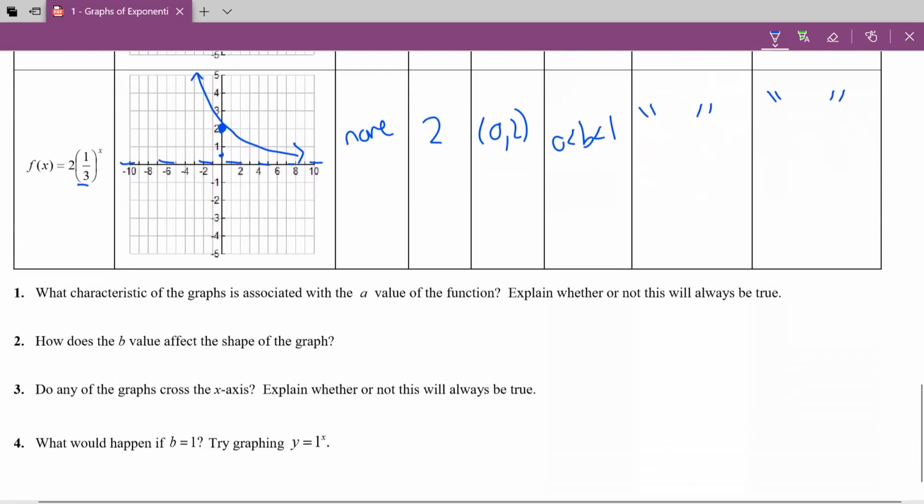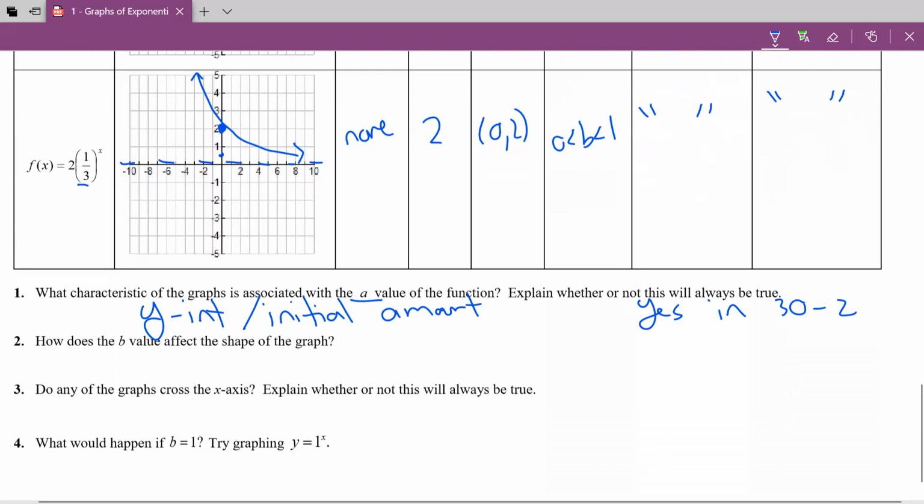So here's the real important parts from today. What characteristic of the graphs is associated with the a value? The a value is the y-intercept, or when we get to an application, we're going to call it the initial amount. Okay, will this always be true? Yes, in 30-2, not if you take 30-1.